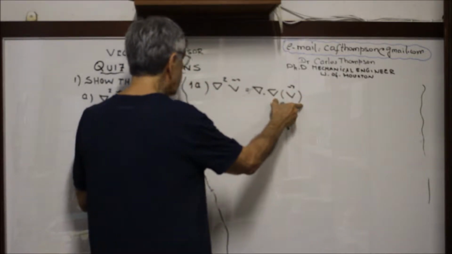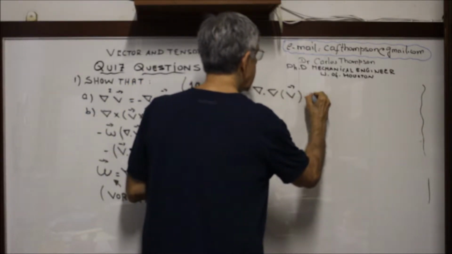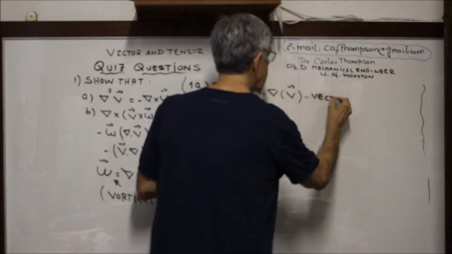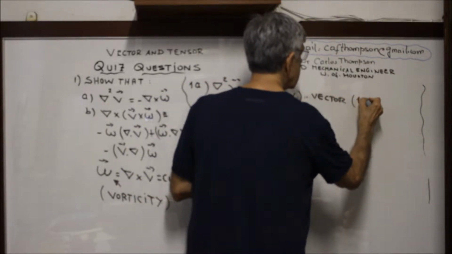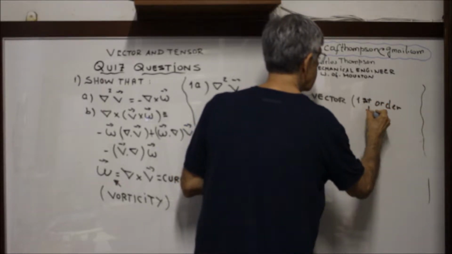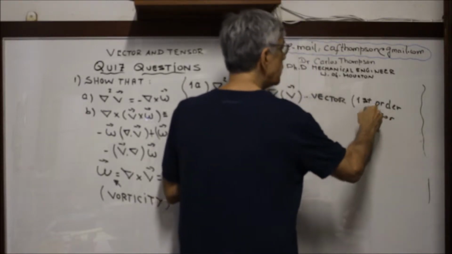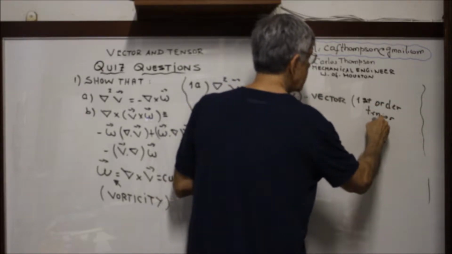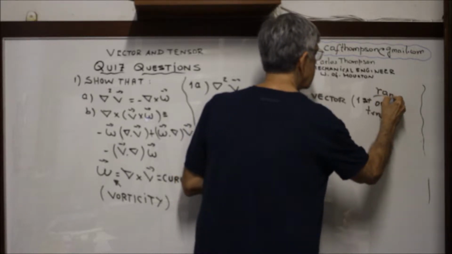Divergence of a second order tensor is a vector. This is first order or rank order tensor. Order or rank is the same. This is also called rank.